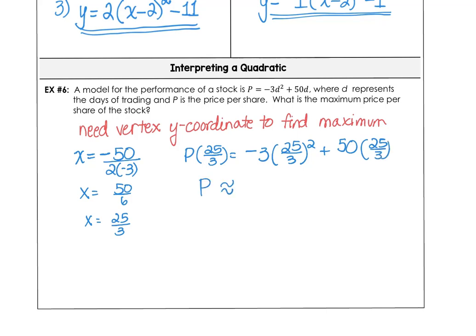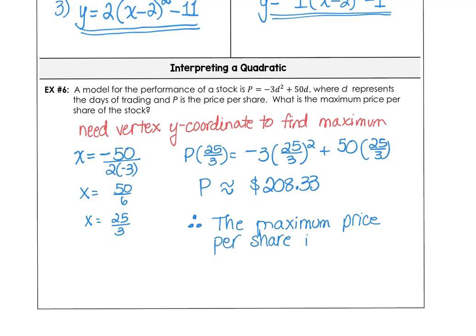Now I'm going to go to my calculator and evaluate that. $208.33. Therefore, the maximum price per share is about $208.33.